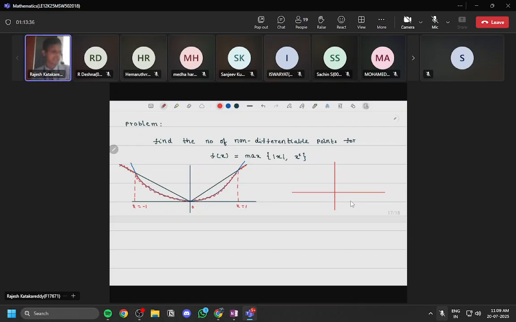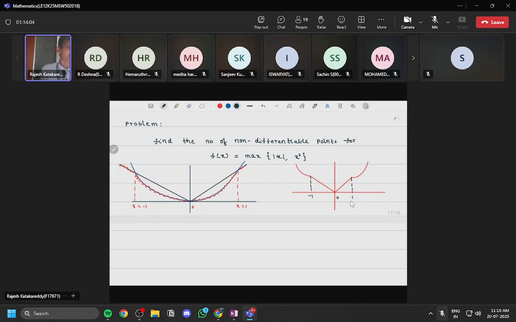Till minus 1, it is parabola. From -1, it is mod x. Again, till 1. From there, it is parabola again. Something like this. If you see here, -1, 0, and 1, there are no breaks in the graph.